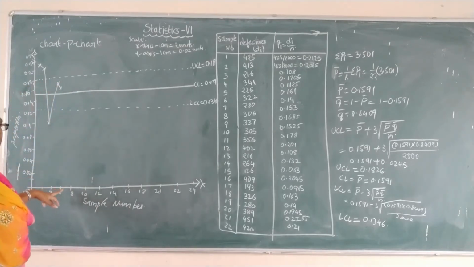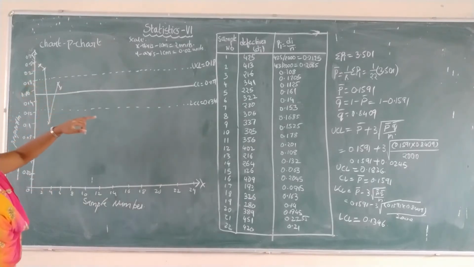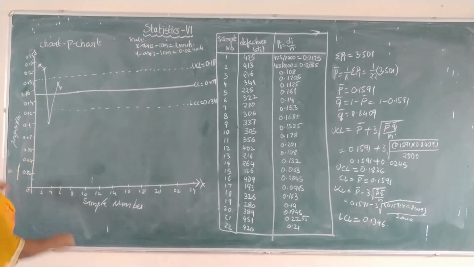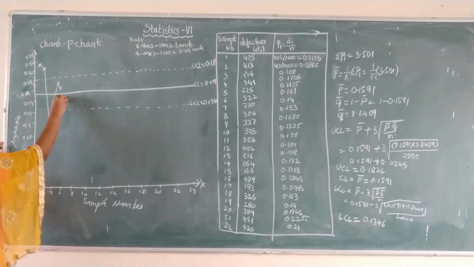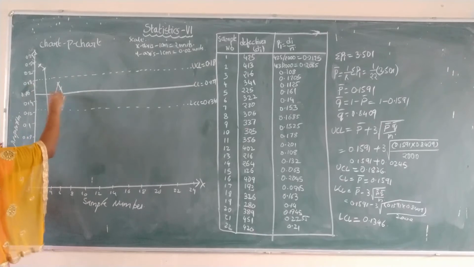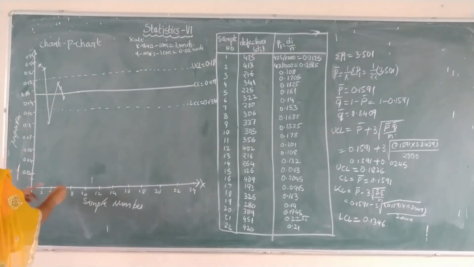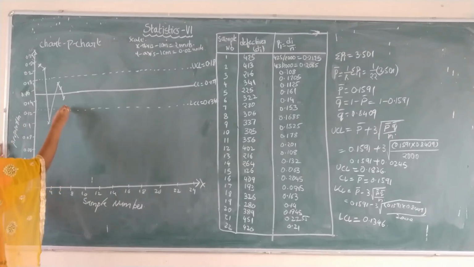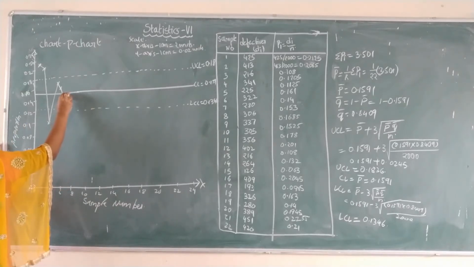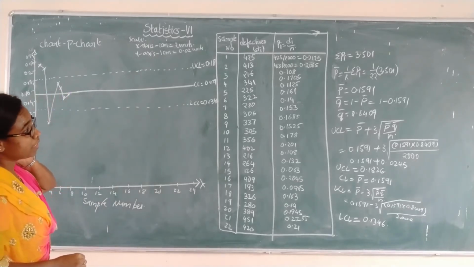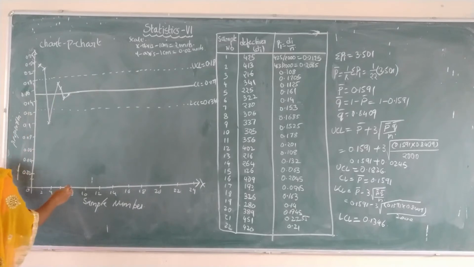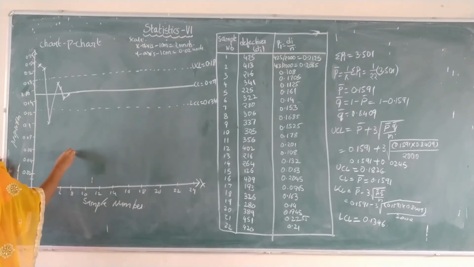Next, for the sixth sample, the value is 0.14. So 0.14 is here. Join it. Next, for the seventh sample, the value is 0.15. Join it. Next value is 0.16, for the eighth sample.